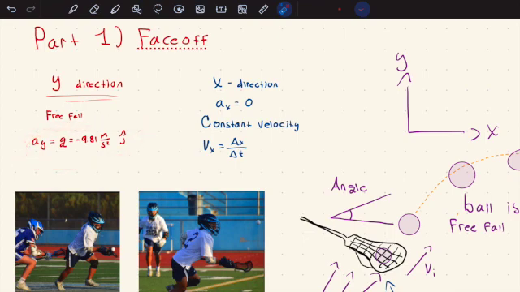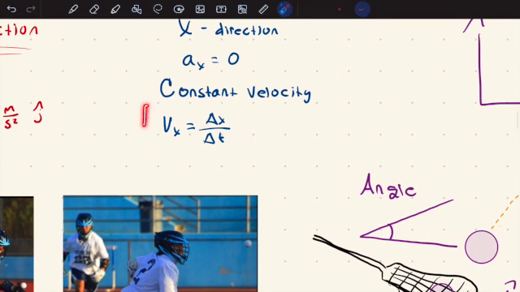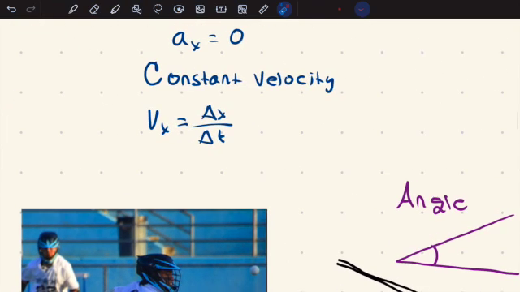In the x direction, since it's free fall, it's a constant velocity, ax equals constant, since it's not moving left or right, it's just moving constantly. So here we have basically the formula, delta x over delta t.